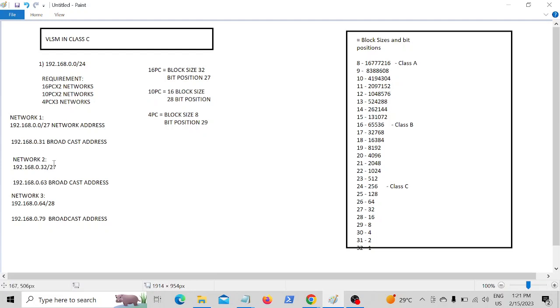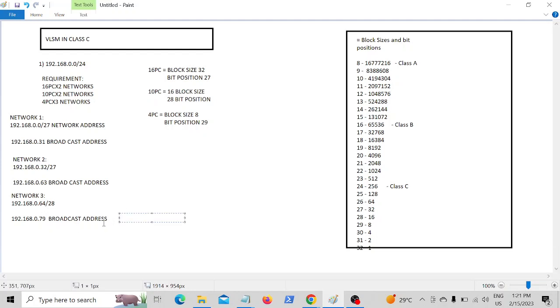Network 2 is 32, so your requirement is 2 networks: 0 to 32, again 32 plus 32 is 64. So network 1 and network 2 are done. Now coming to network 3, 64, we got 192.168.0.64. Again, next coming to network 4. What is network 4?